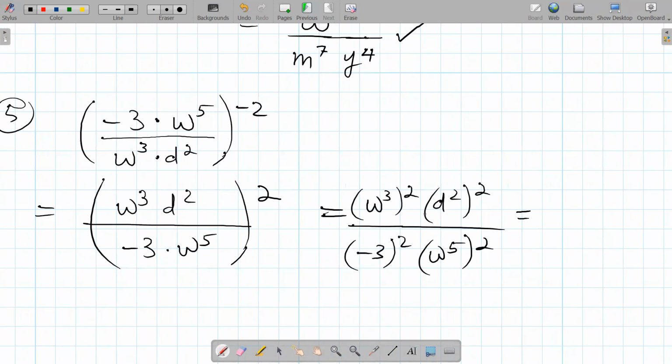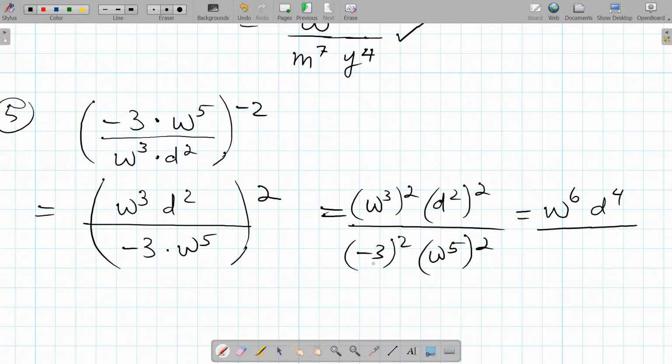This, remember, power rule. Two powers will multiply. So this will give me W6, 2 by 3 is 6, 2 by 2 is going to be 4, so D4.